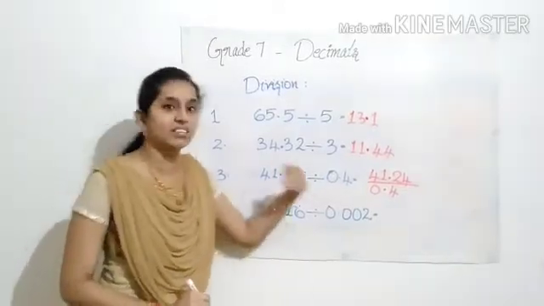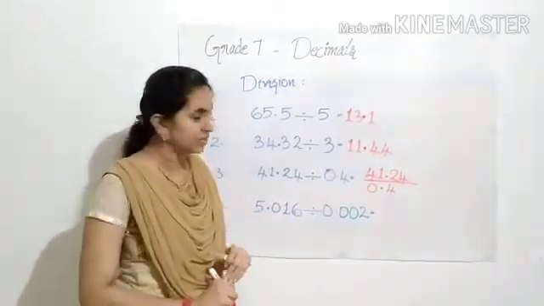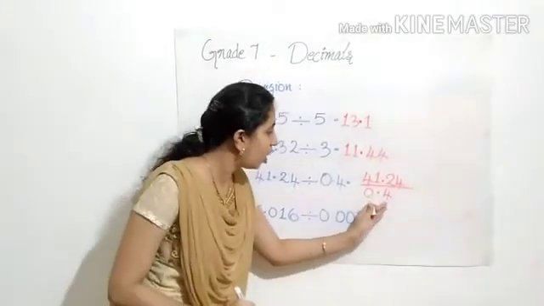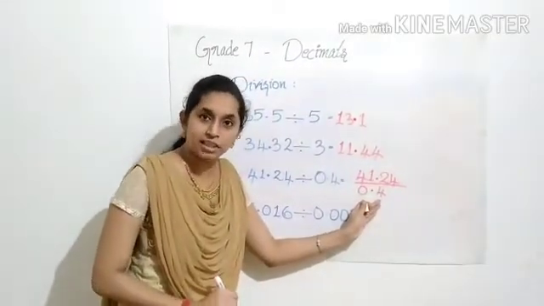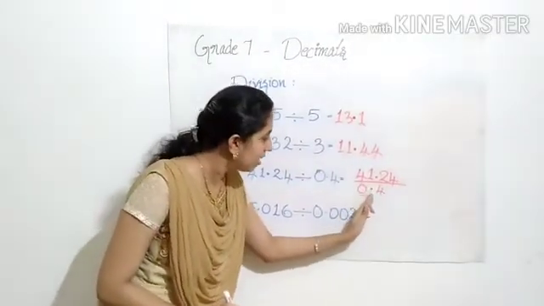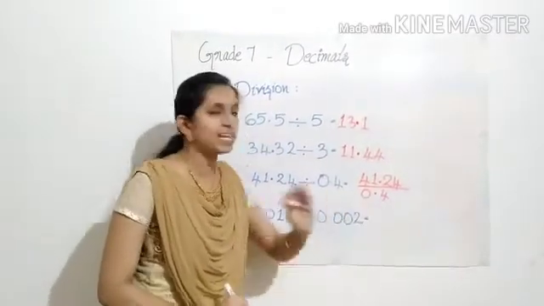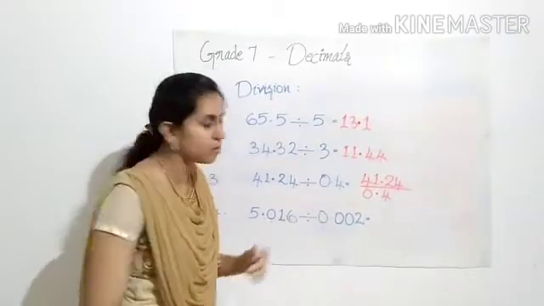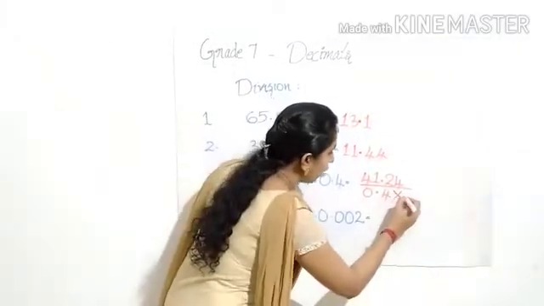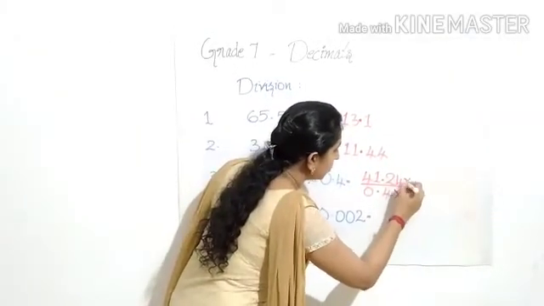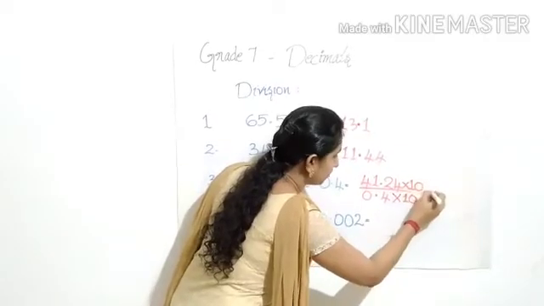We have to get rid of that decimal number. For that you have to see how many decimal places are there in the denominator. Here you can see after the dot 1 place is there. Okay, 1 place means 10. We are going to multiply both denominator and numerator by 10.